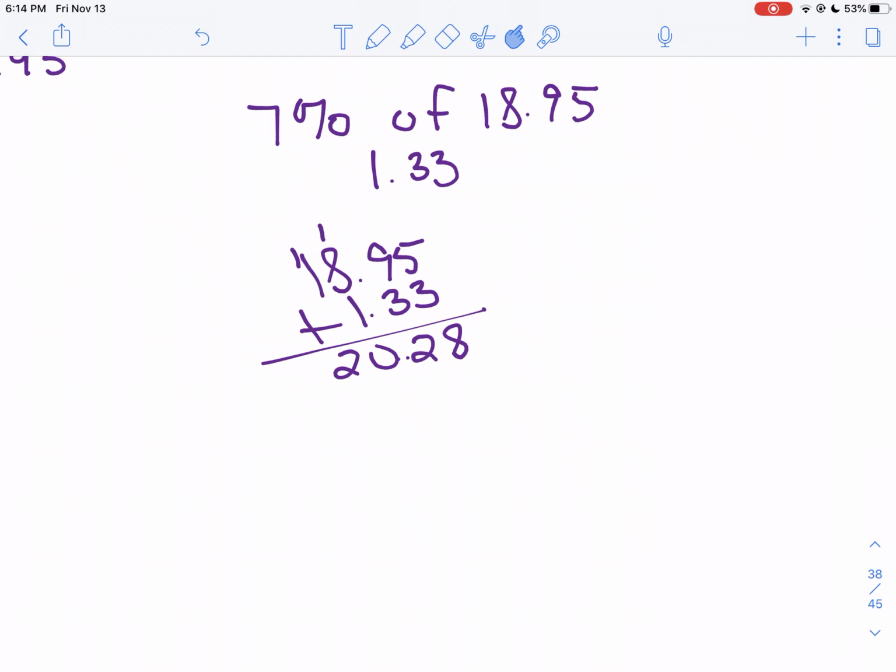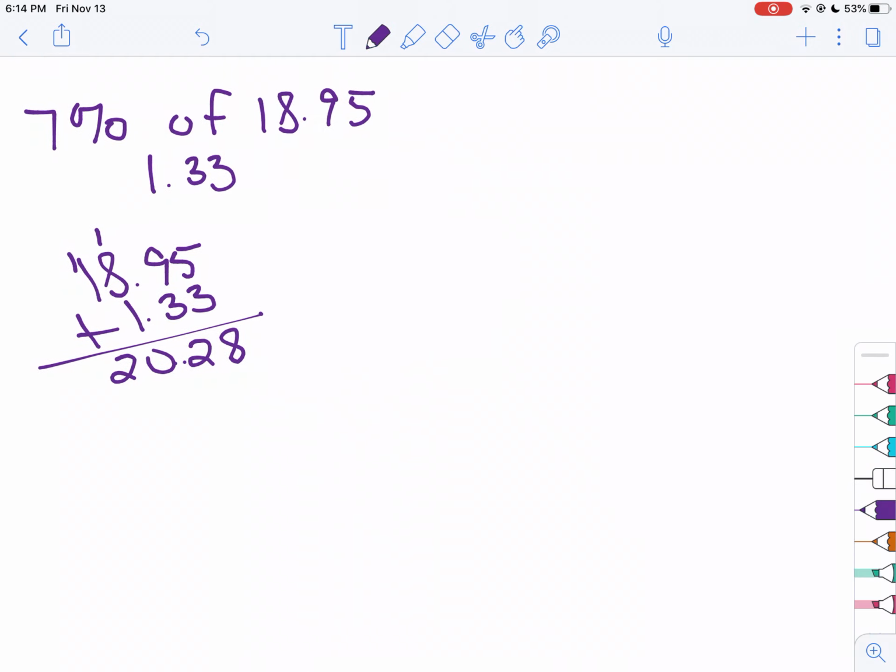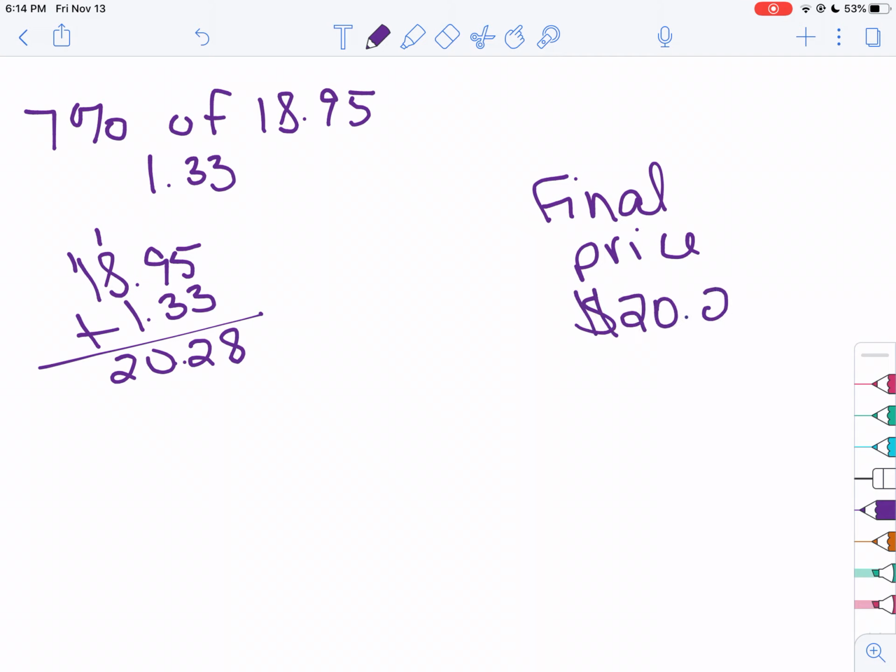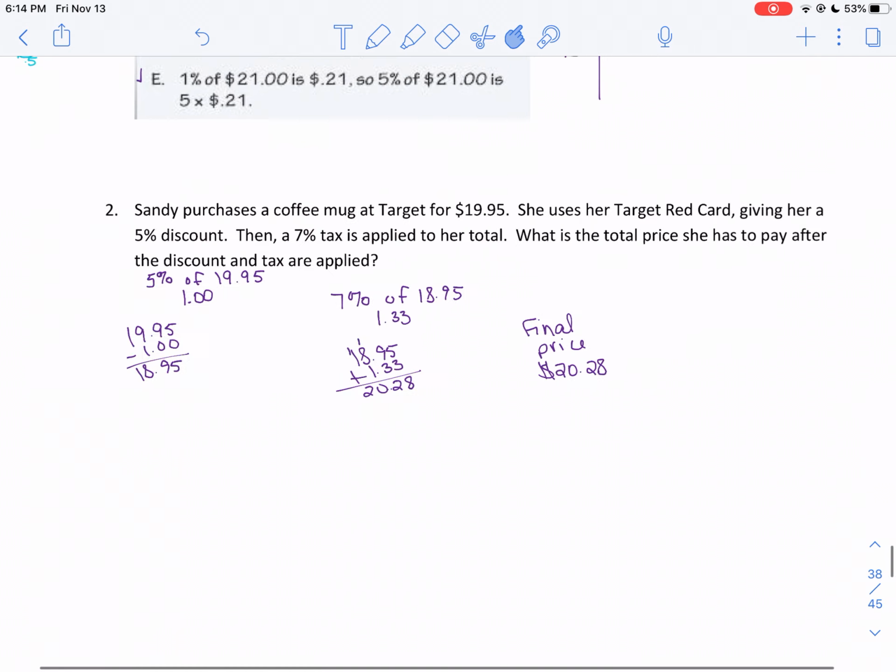So our final price, or our final total, is $20.28.